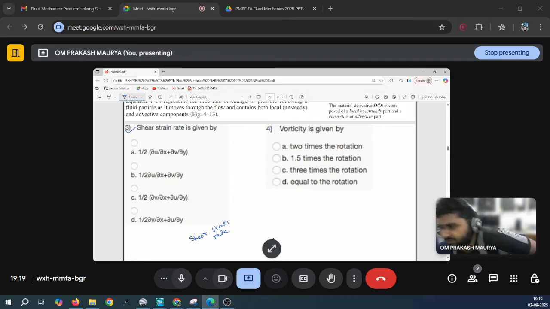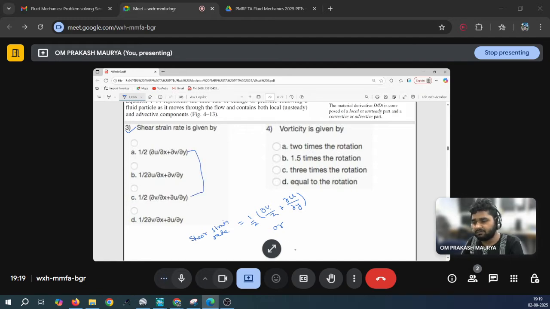So you have to find the shear strain rate. Shear strain rate is just, you have to understand, a direct formula: half of del v by del x... Whether it is del v by del x, let me just write, plus del u by del y, or, the two options here are similar, so that's why I'm writing, just try to understand, and del u by del x plus del v by del y.